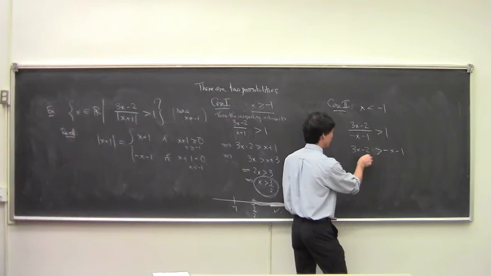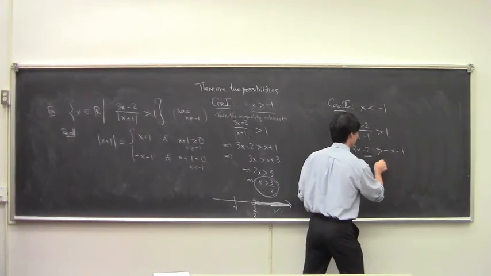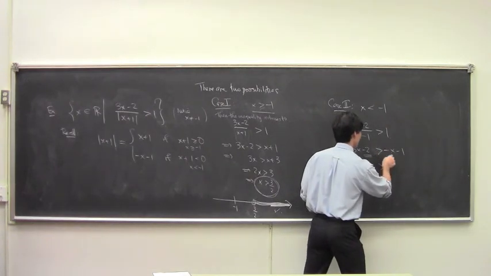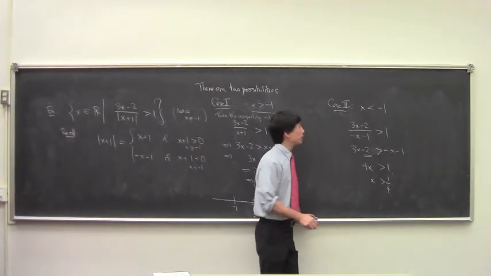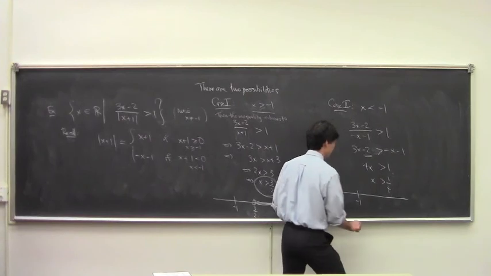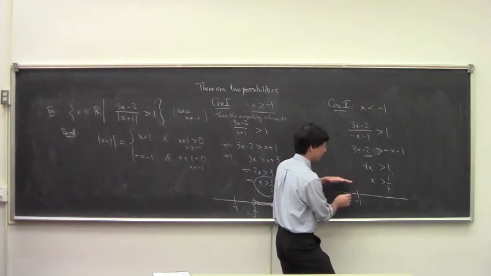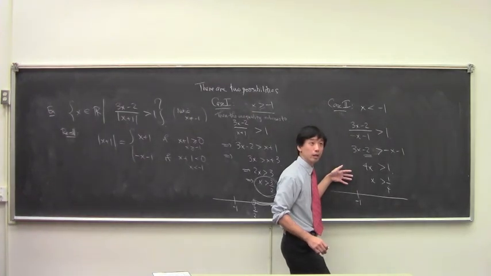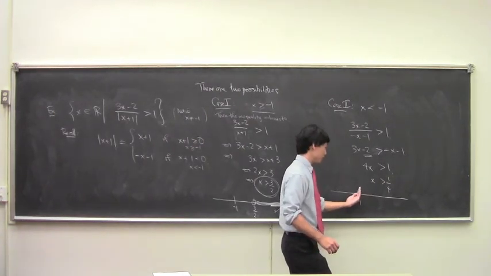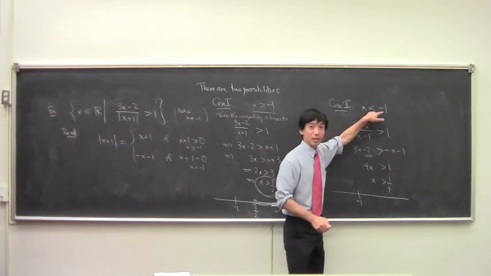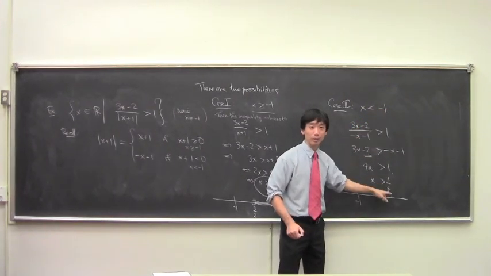Okay, and then you just work it out as before. You add this thing over there, so you get 4x is bigger than 1. x must be greater than 1/4. So on the left part of -1, for numbers that are less than -1, the only ones that work are bigger than 1/4.